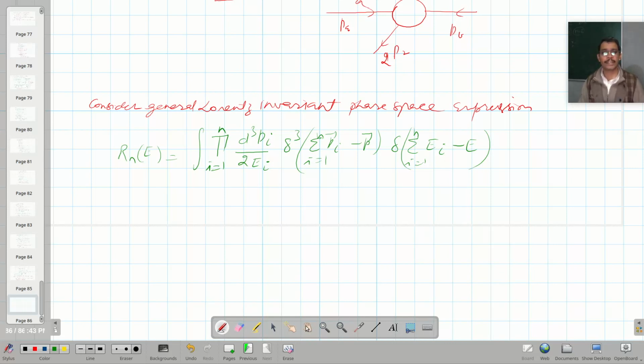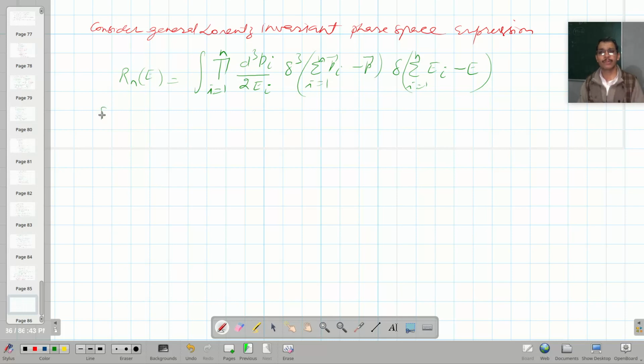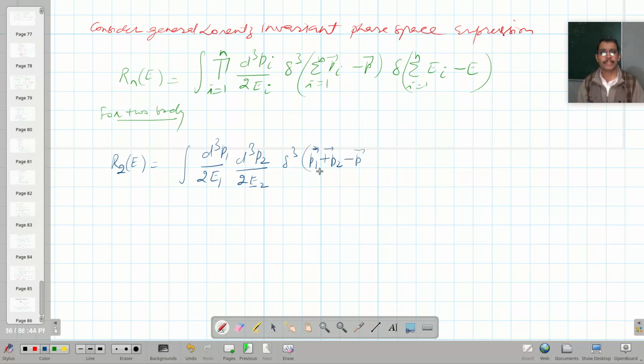Now let us write it down for two bodies. For two bodies, R2(E) is equal to the integral of d³p1 over 2E1, d³p2 over 2E2, delta³ of p1 plus p2 minus p, delta of E1 plus E2 minus E, right?